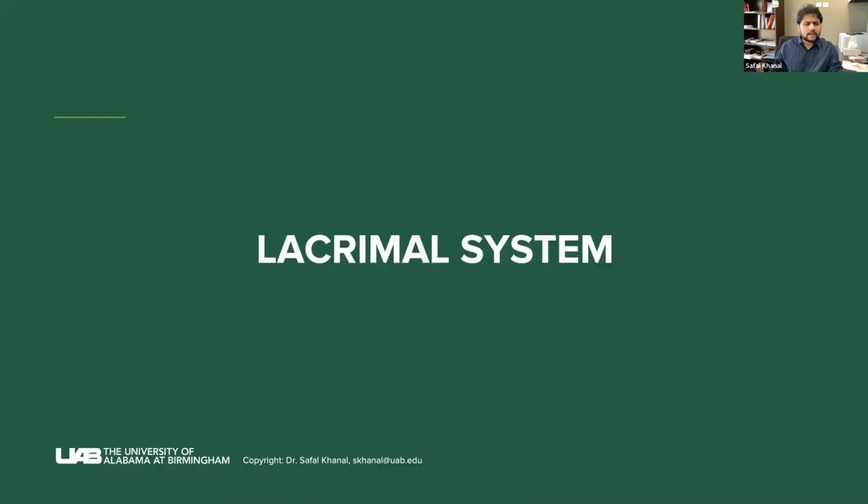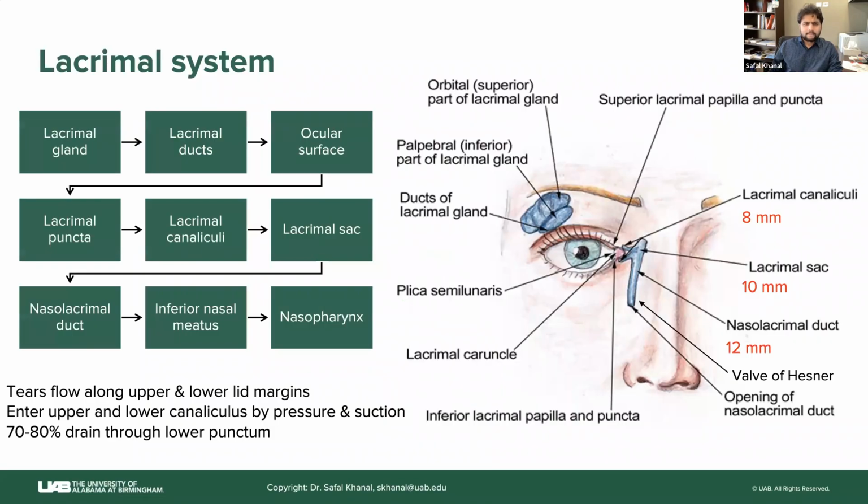Now let's look at the lacrimal system in a little bit more detail. This flowchart here just outlines the direction of the flow of tears from the point of production to basically the point of exit. So here's your lacrimal gland, and then it drains into the lacrimal ducts, which drain the tears onto the ocular surface.